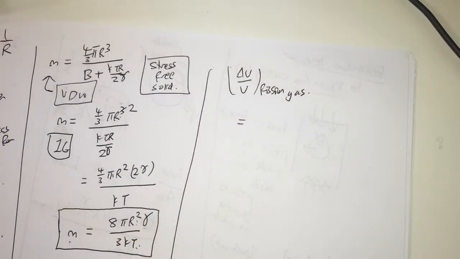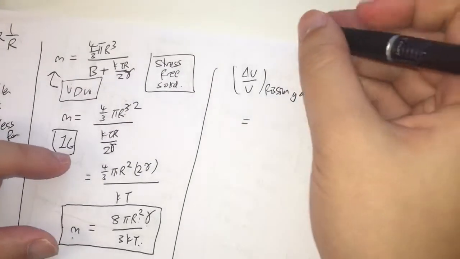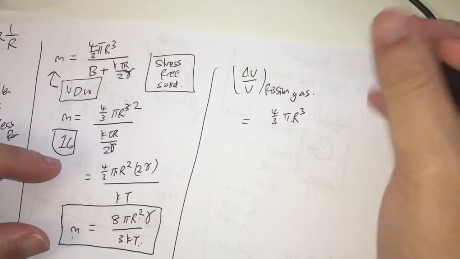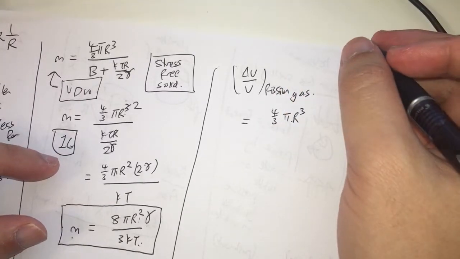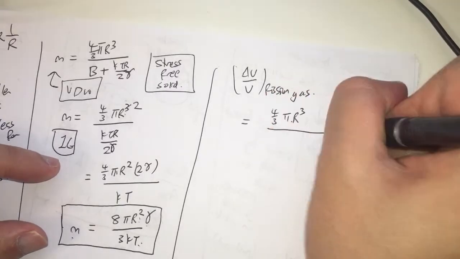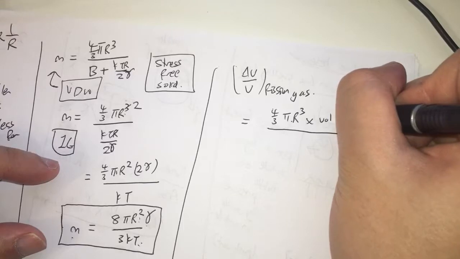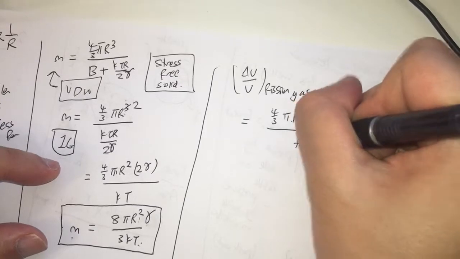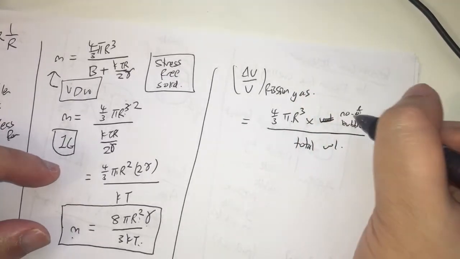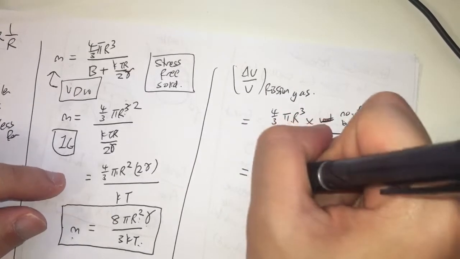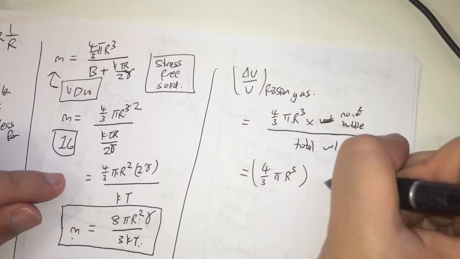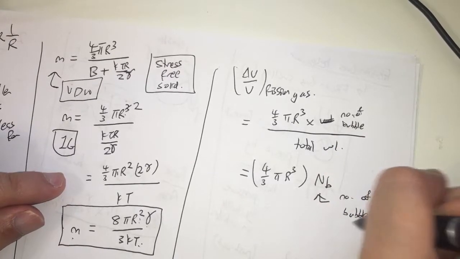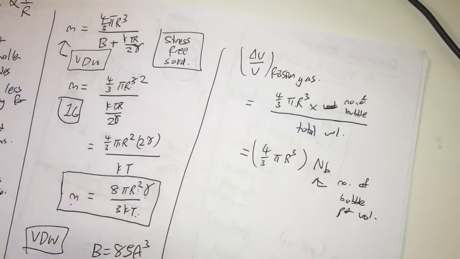This is the volume per bubble, times the number density of the bubble, which is number of bubbles over total volume. So these two will just give you the number density of the bubble, so that's number of bubbles per volume.